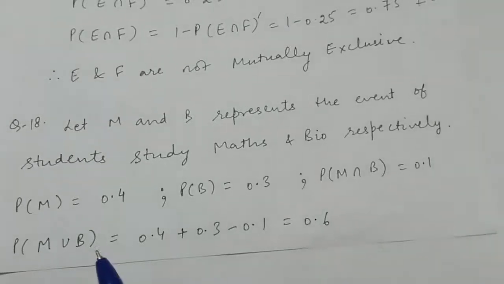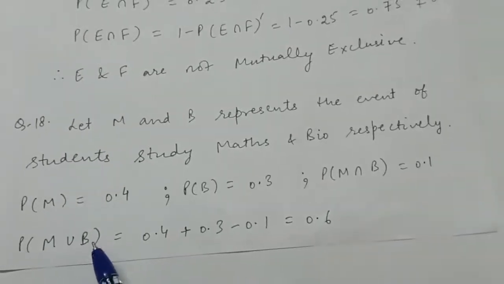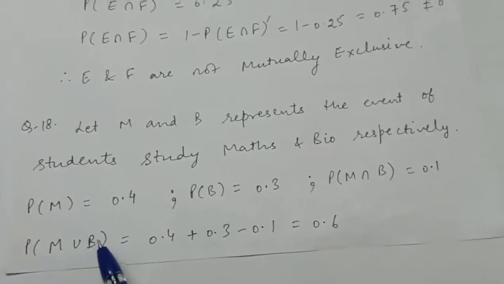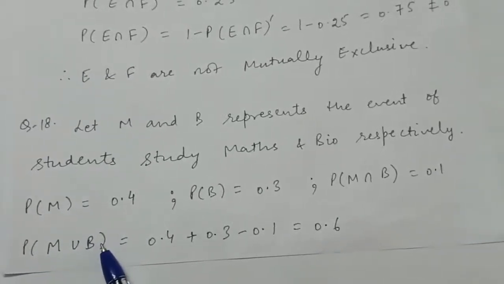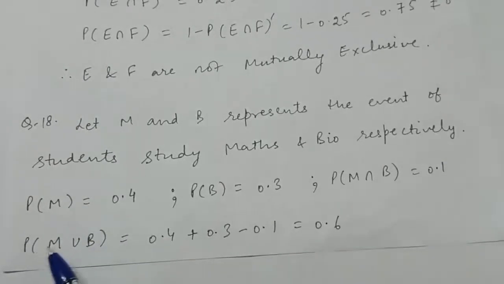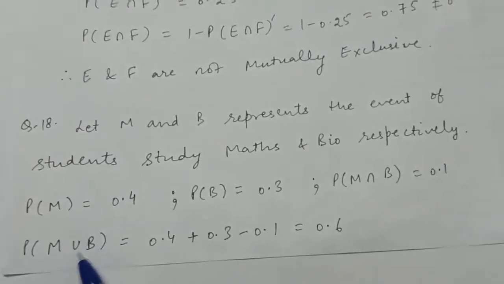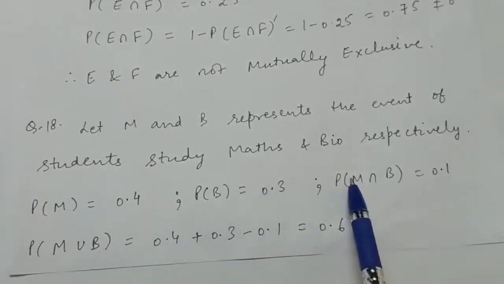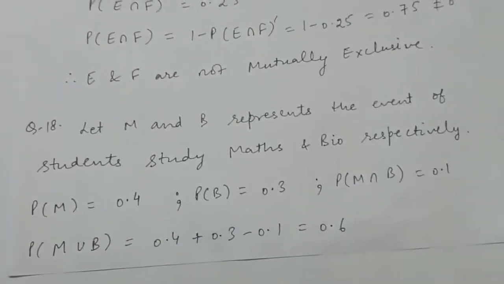Now be careful, read the question. They have given how many of the students study mathematics or biology. You have to find the probability of that. So probability of mathematics or, means union, biology. Now apply the formula, all the terms are given, you will get this as the answer.